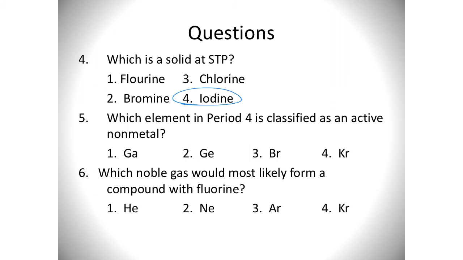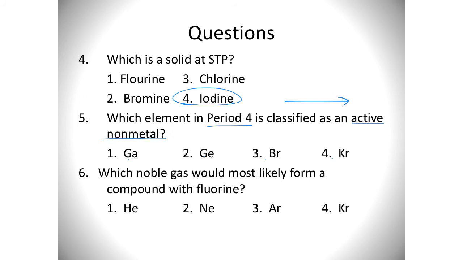Number 5, which element in period 4, so that's moving across, so period 4 would be potassium through krypton. So if one of these 4 choices was not in period 4, we would eliminate that. Okay, it is classified as an active nonmetal, so a reactive nonmetal.